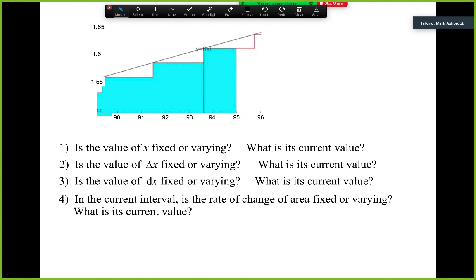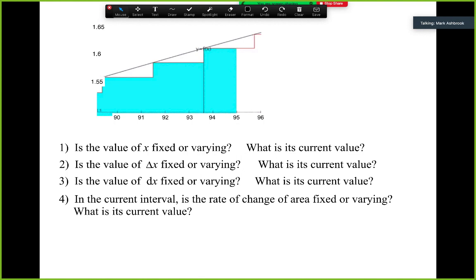And then in the current interval, is the rate of change of area fixed or varying? What is its current value? I'm going to take a minute to think through these questions, as a good review of stuff we did in the first week, but now applying it to the quantity of area between the function f and the x-axis.